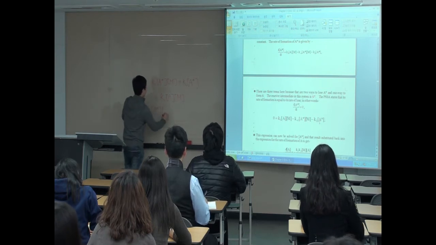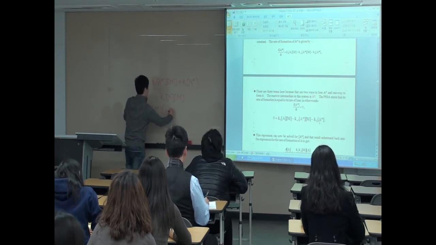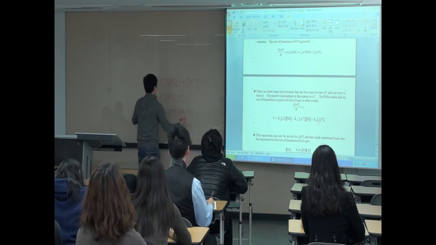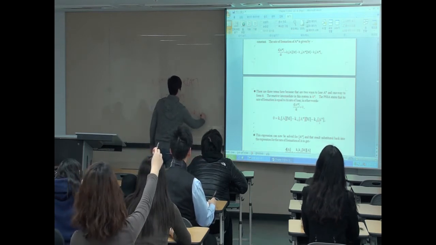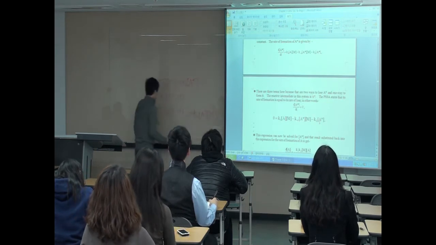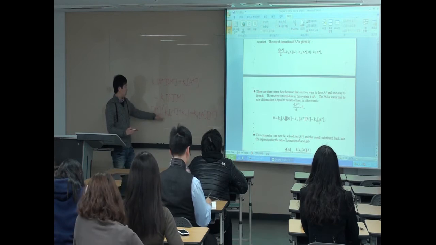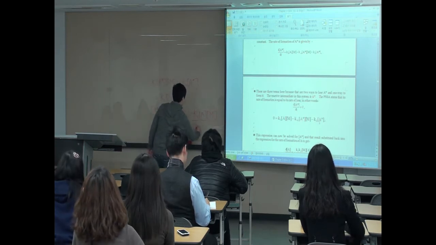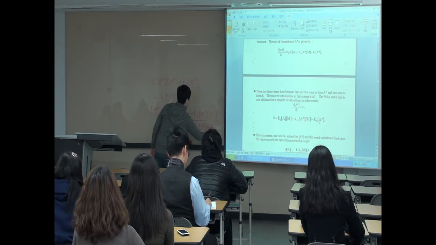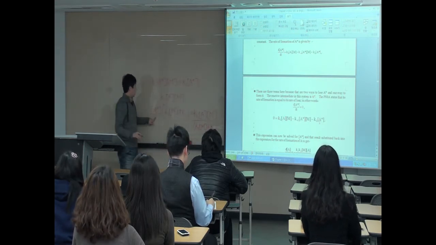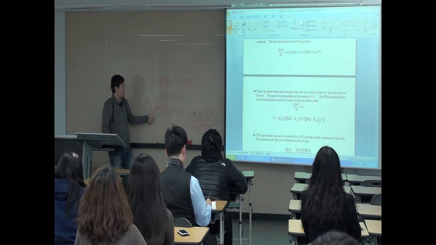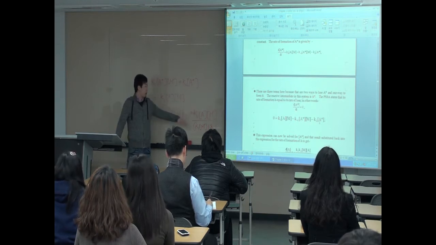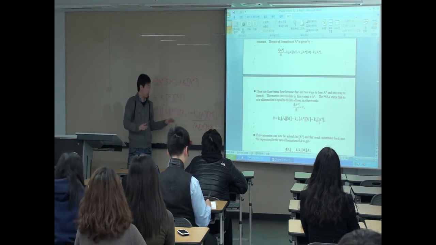So if we divide this one by this one, you can see the A star mole concentration can be expressed by only K1, A, and M. We already know these concentrations.